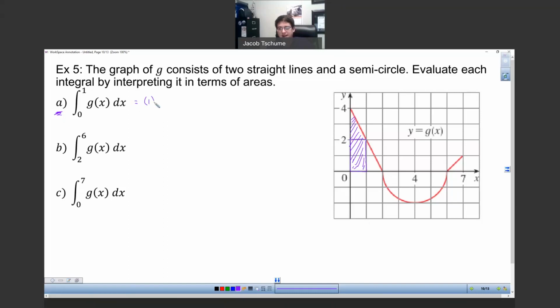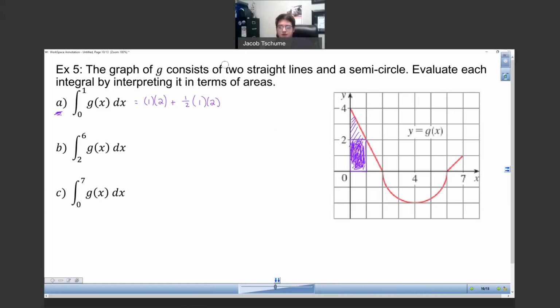So if I take the area of the rectangle, that is this part right here, I'm going to add to this the area of that triangle, which we know triangles have a formula of 1/2 the base. So the base of that triangle is 1, and the height of that triangle is 2.